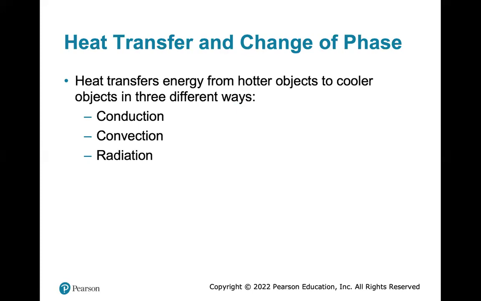The hot tea is melting the ice. It's going from the higher temperature object to the colder temperature object. So the hot tea, or room temperature tea, is melting the ice. It's putting the heat energy into the ice and melting it.